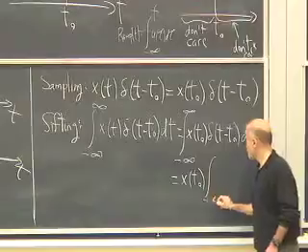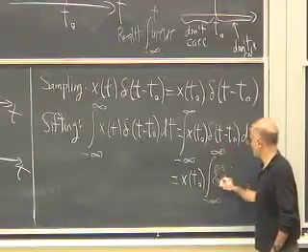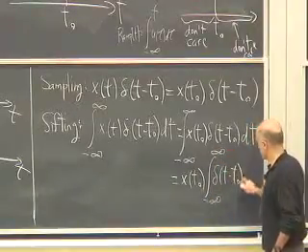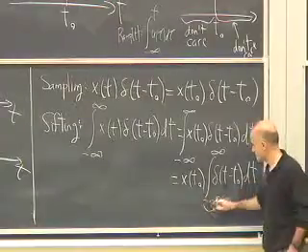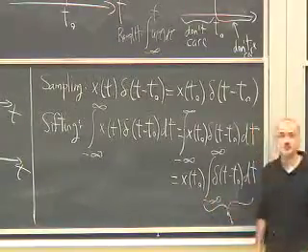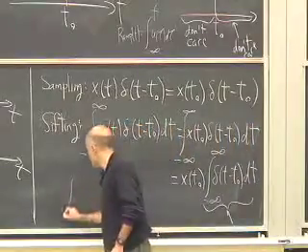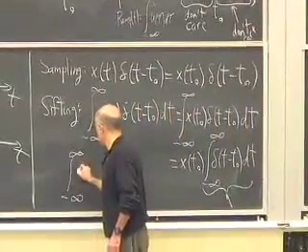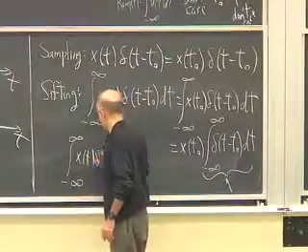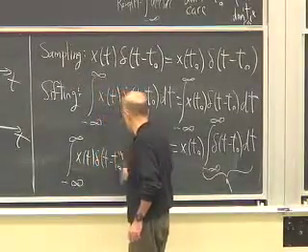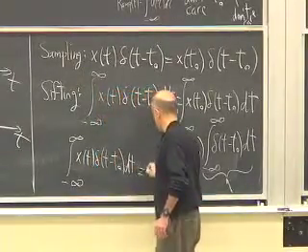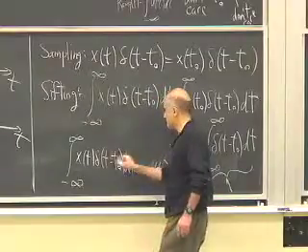And I'm left with the integral from minus infinity to infinity of this shifted impulse. And what is that? 1. And so you get your sifting property, which is the integral of x of t delta of t minus t naught dt is equal to x of t naught.